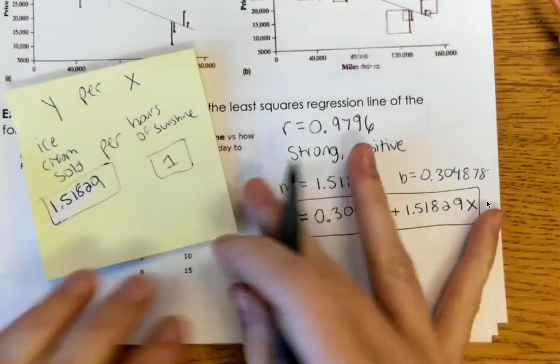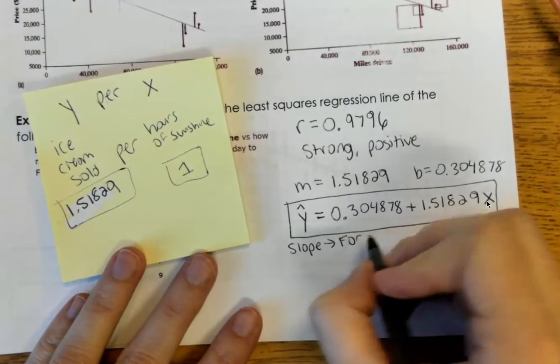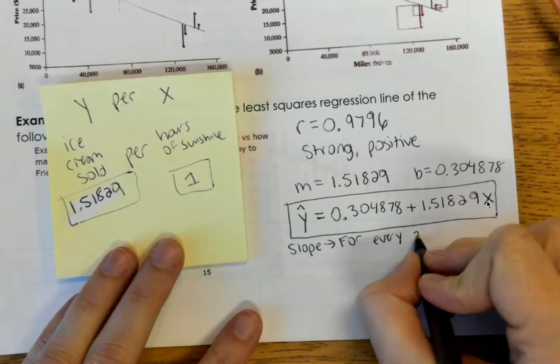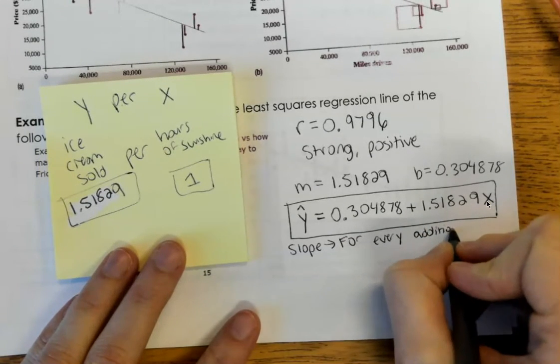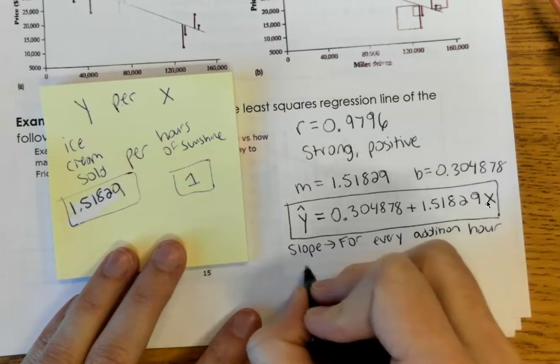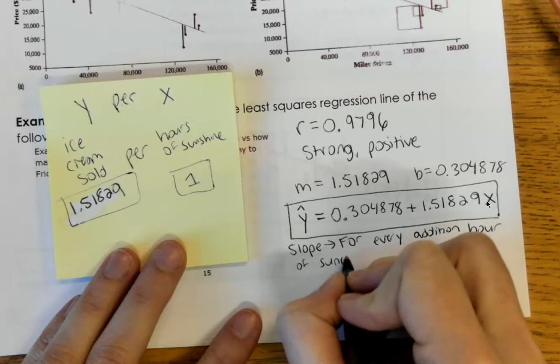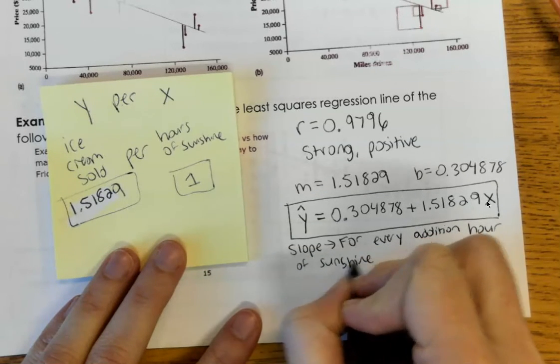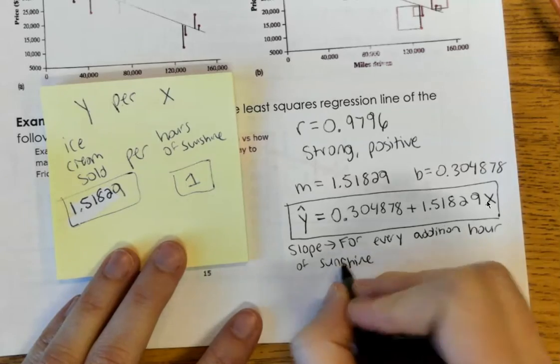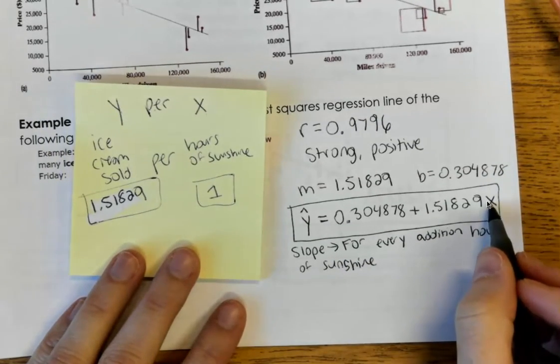So my interpretation of slope is for every additional hour of sunshine, remember, when I'm interpreting my slope, I'm always going to say my x is 1.